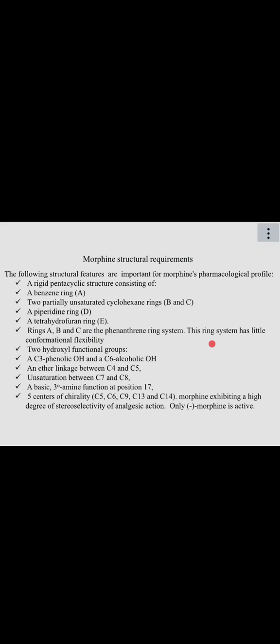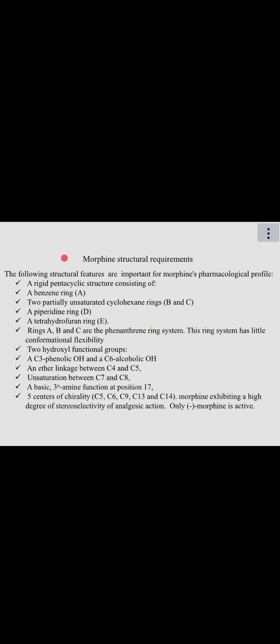We already have said you can remove ring E and do other structural modification, remove the hydroxyl group, saturate the molecule at position 7, 8, and the compound still has activity. So the whole morphine structure is really not necessary for activity. But of course, when it is morphine, it has to have all those groups. But you can remove some of those groups, remove a whole ring, and the compound even has better activity.